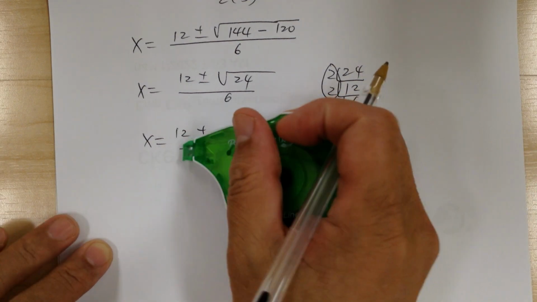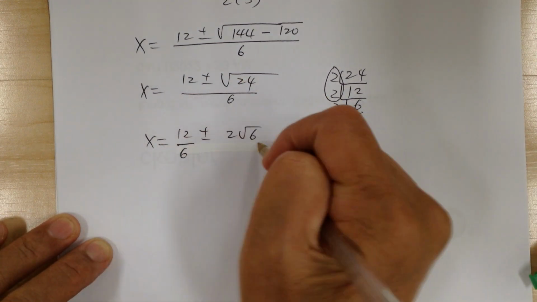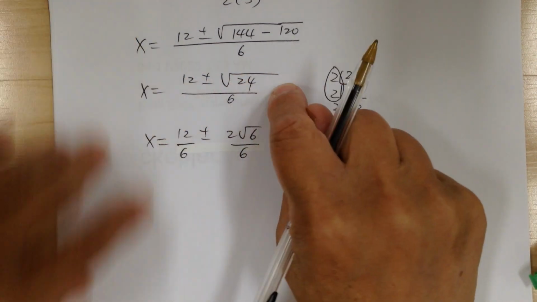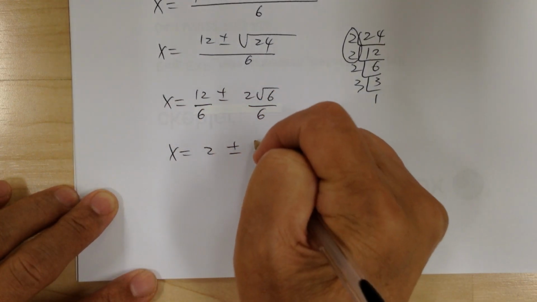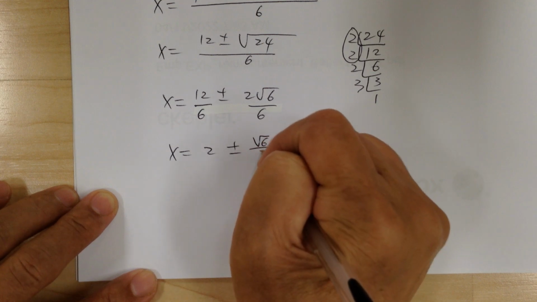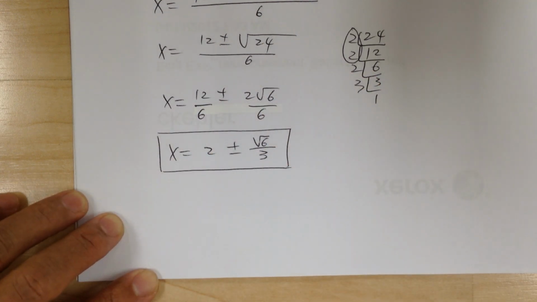I'm going to separate the two parts because I want to simplify. So put over 6, put over 6. So basically I separate the two parts. Okay, so x will equal 2 plus or minus square root of 6 over 3.